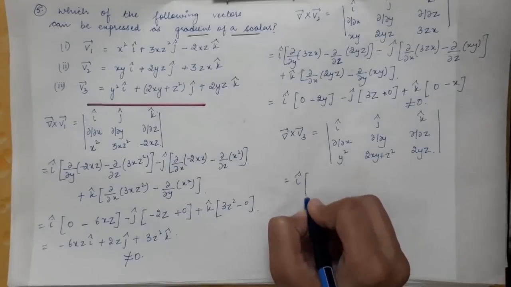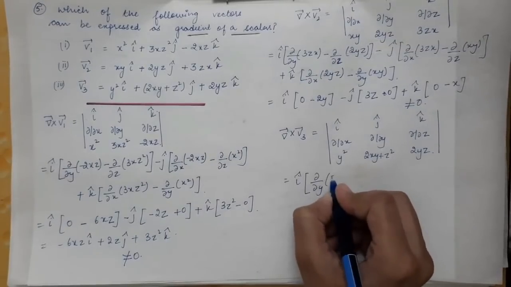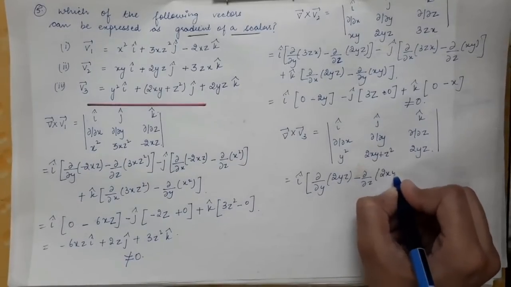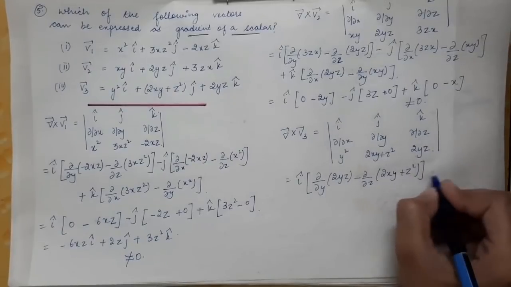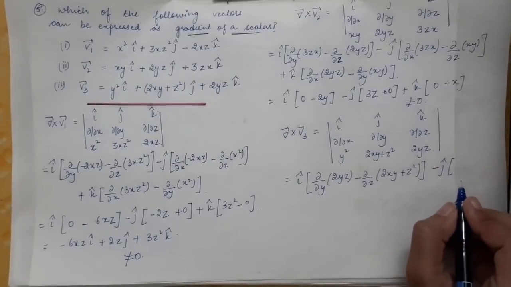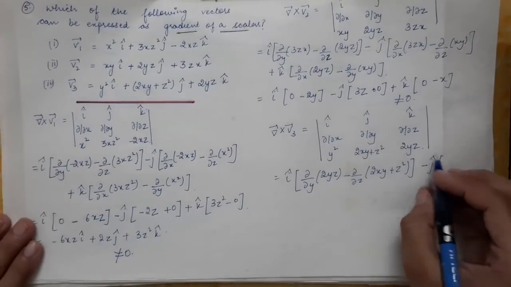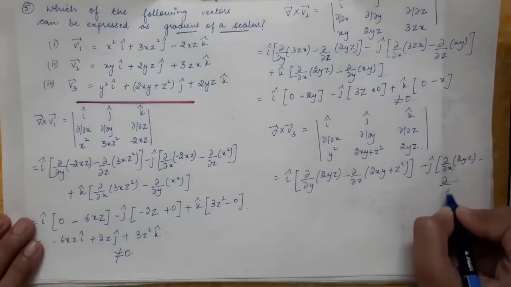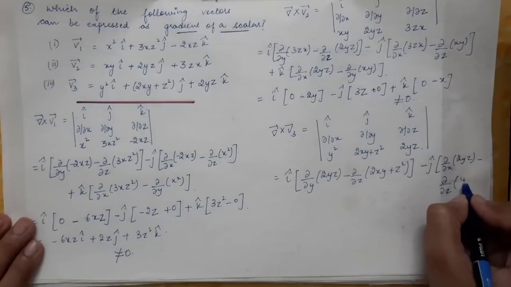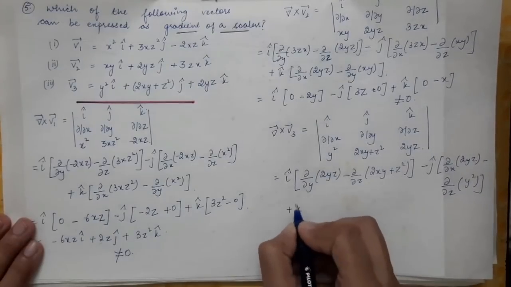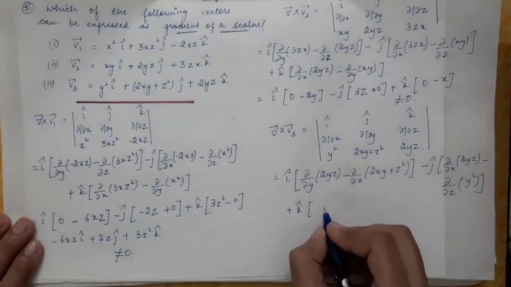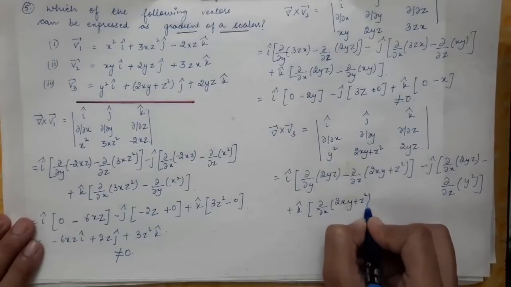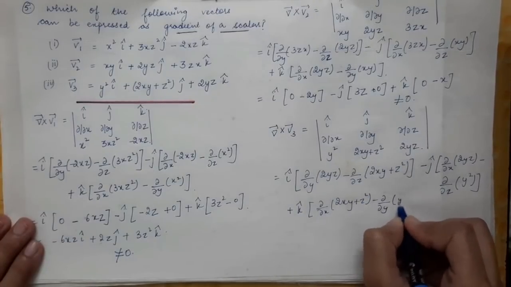So this will be equal to i cap del by del y of 2yz minus del by del z of 2xy plus z square, minus j cap del by del x of 2yz minus del by del z of y square, then plus k cap del by del x of 2xy plus z square minus del by del y of y square.